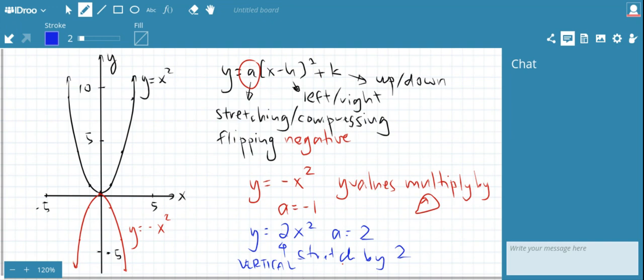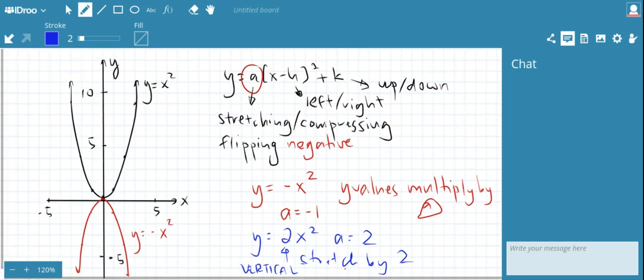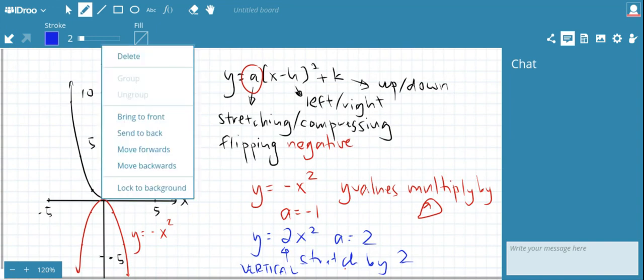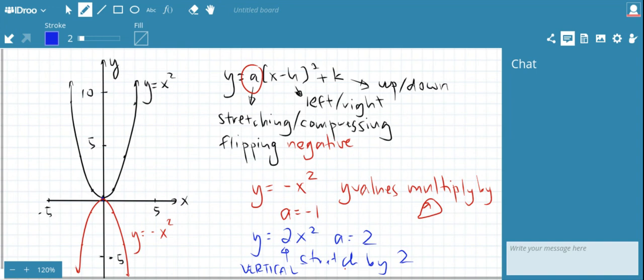So again, I'm going to multiply all my y values by 2. Here is (0, 0). 0 times 2 is 0. 1 times 2 is 2. 4 times 2 is 8. And 9 times 2 is 18. That's not on my graph, so I'm just going to connect what I've got.